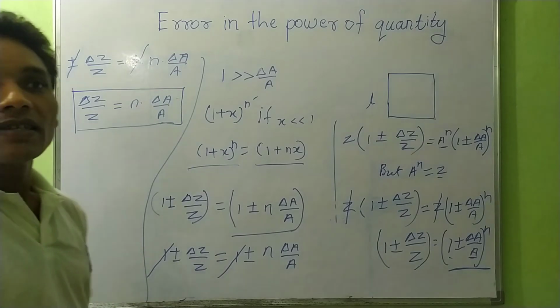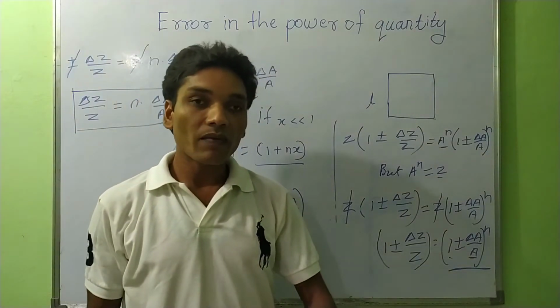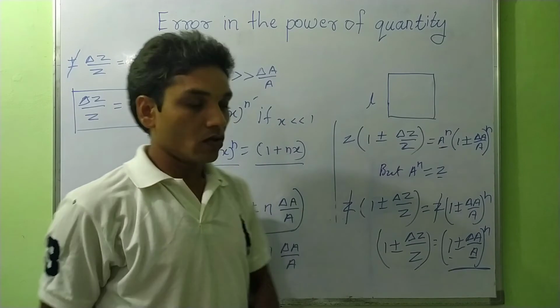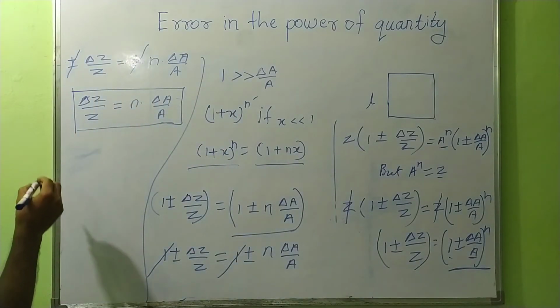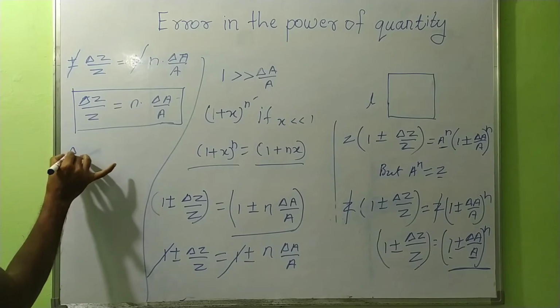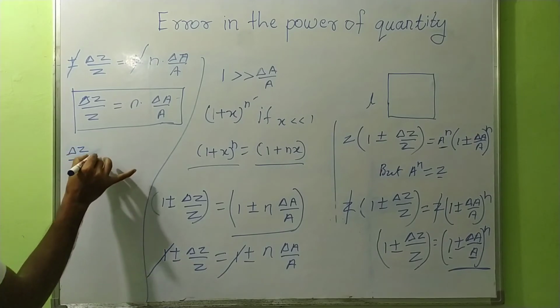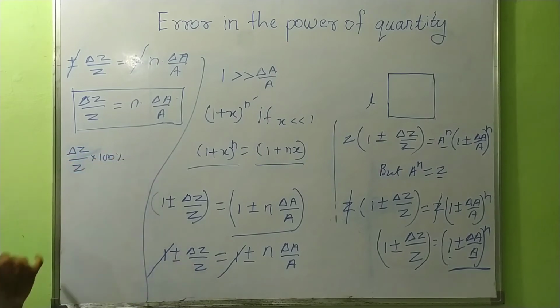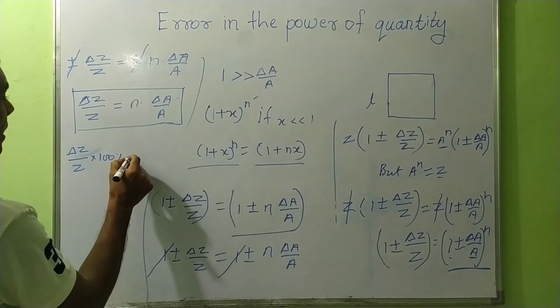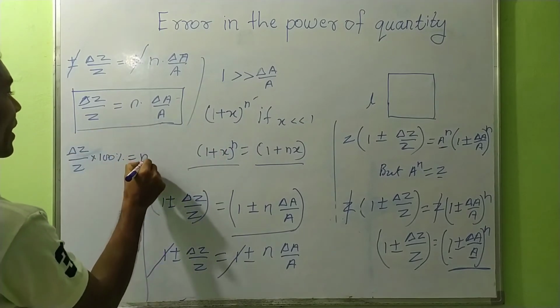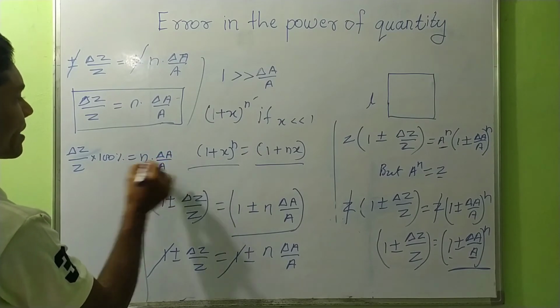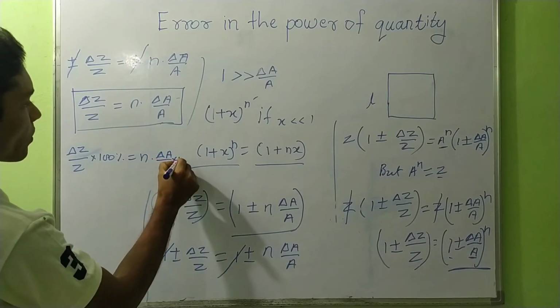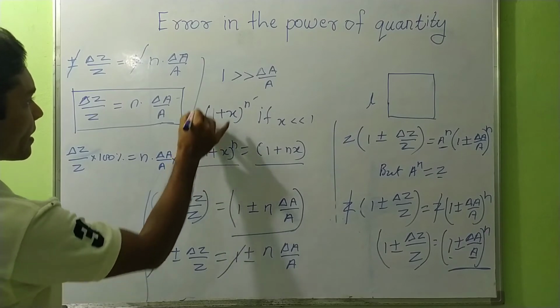Now we can find the formula of percentage error also. So what will be the percentage error? The percentage error will be relative error into 100%, and here n into del a upon a, that is relative error, into 100%.